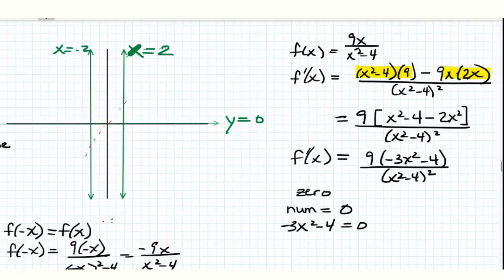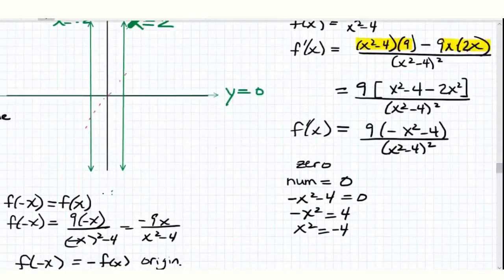I just realized that should have been a negative 1x squared. Sorry, not negative 3, positive 1 x squared minus 2x squared. So that should have been a negative x squared. Okay, so this would mean negative x squared plus 4 equals 0. Divide both sides by negative 1, and we get x squared equals negative 4. And that's not going to happen in the real number system. So that means we have no solution there.